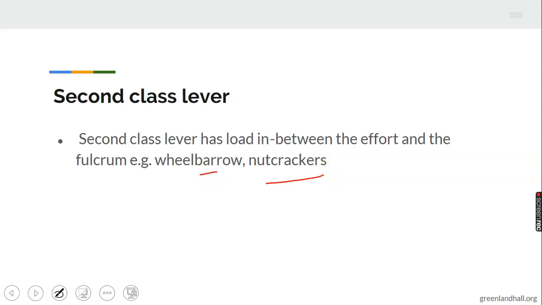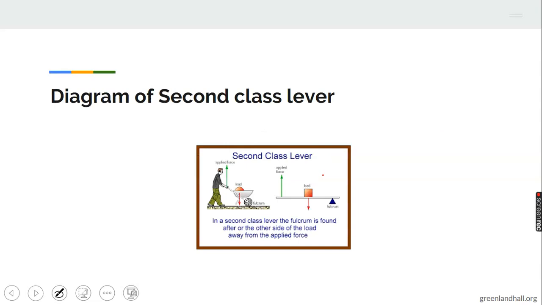They are both examples of a second class lever. And this is a diagram of a second class lever. You can see the load, the fulcrum, and the force applied. Your wheelbarrow is an example of your second class lever.